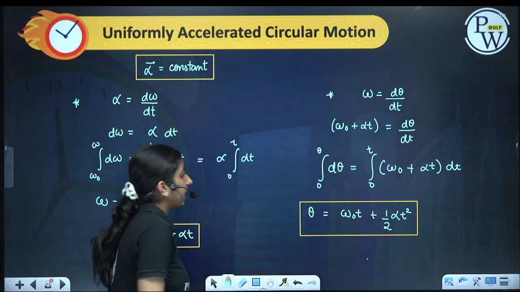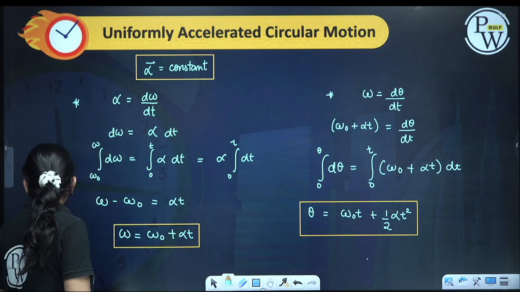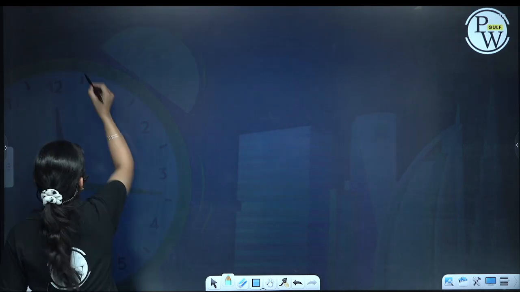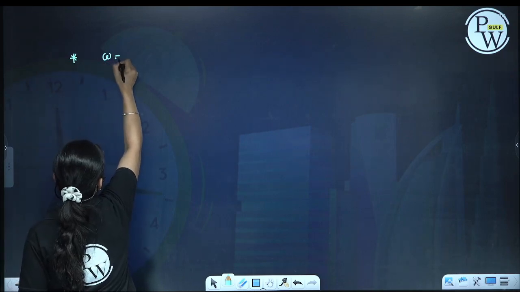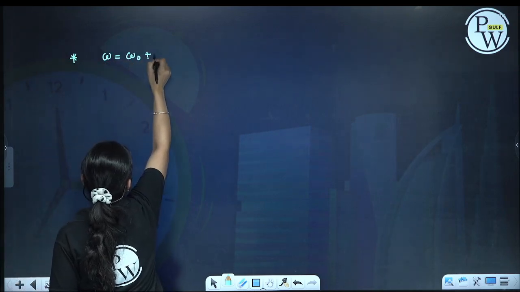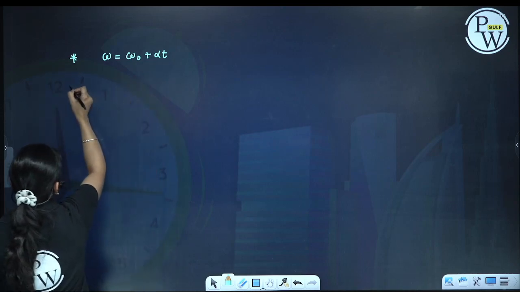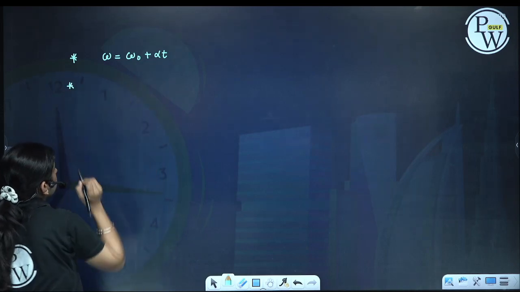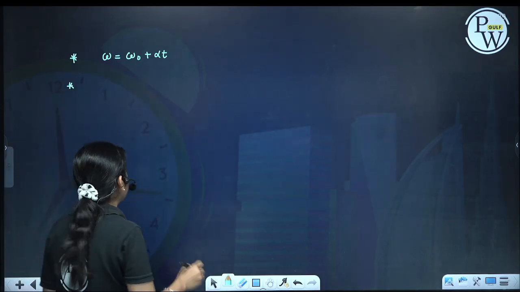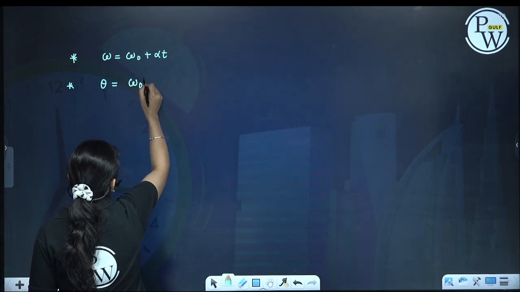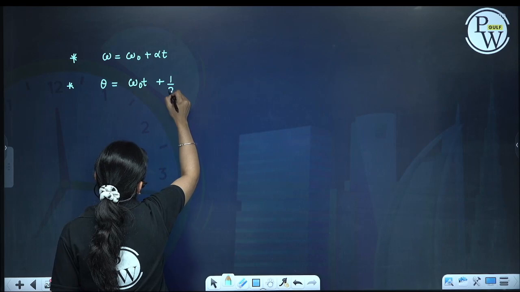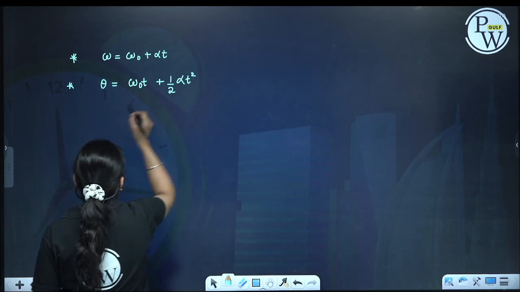Similarly, we can derive the third equation. So for uniformly accelerated motion, we have three equations. Omega will be equal to omega naught plus alpha t, where omega naught is the angular velocity at time t is equal to 0. Then angular displacement will be equal to omega naught t plus half alpha t square.